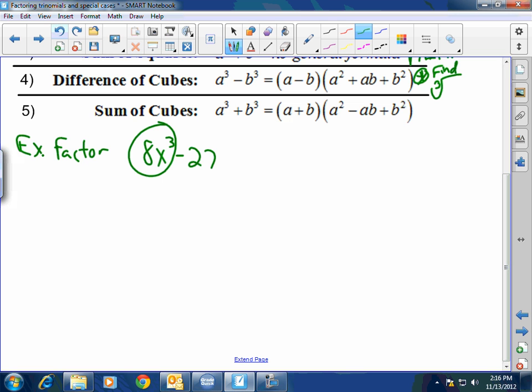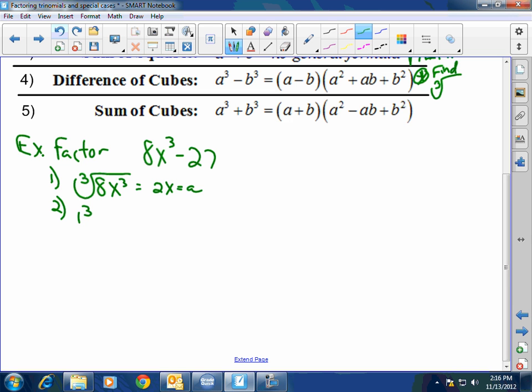Now, step one: what is the cube root of 8x cubed? 2x. Very good. That we're going to call my a. Step two: what is the cube root of 27? 3. That's going to be my b.